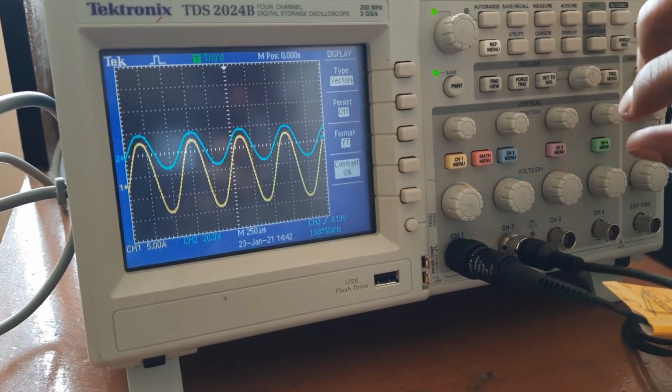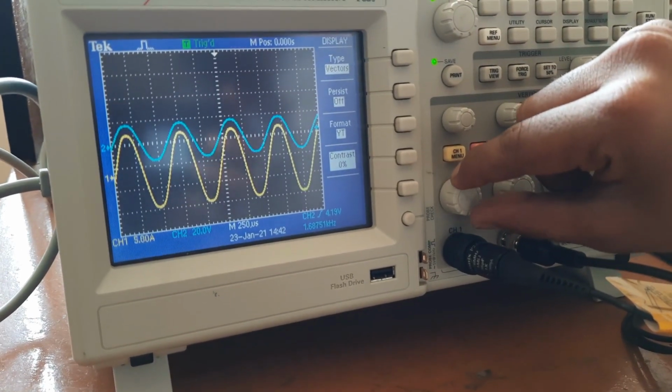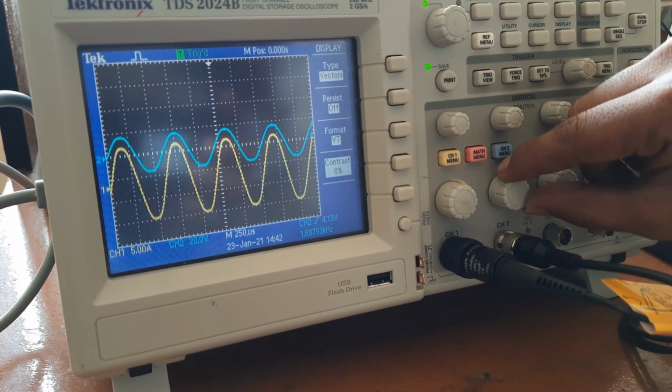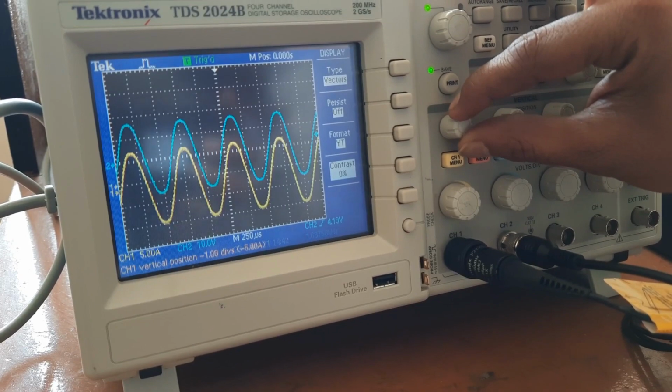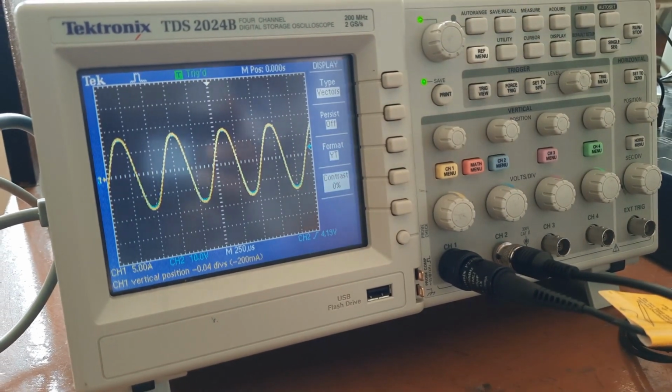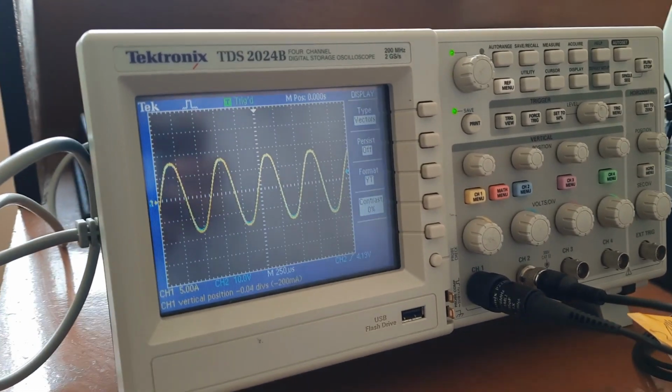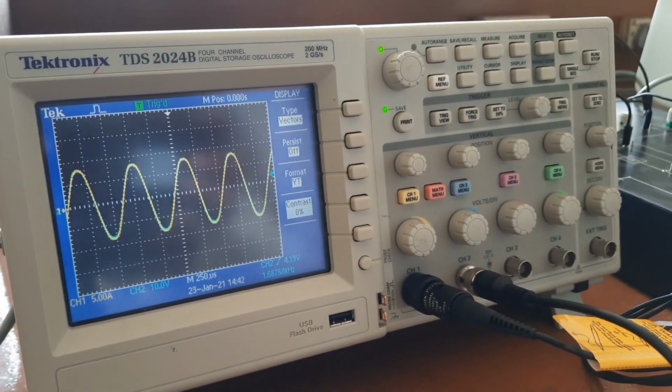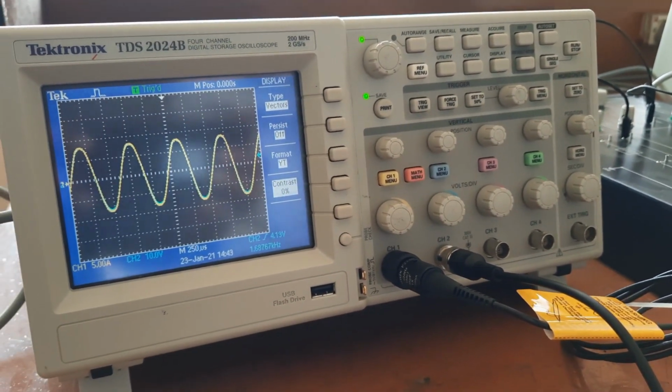Now you can see both the waveforms overlapping on each other.